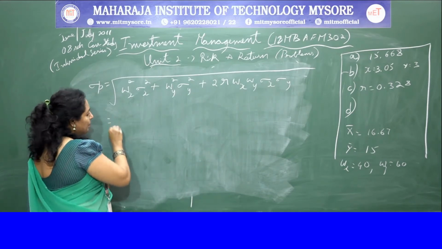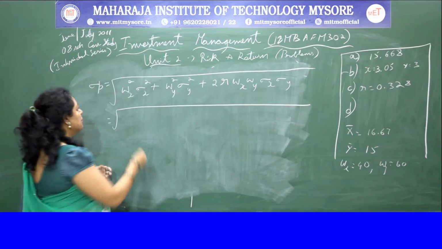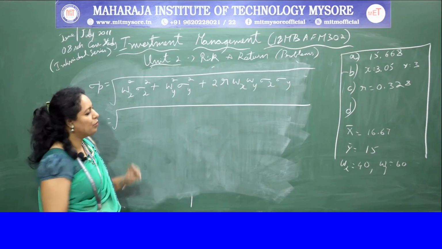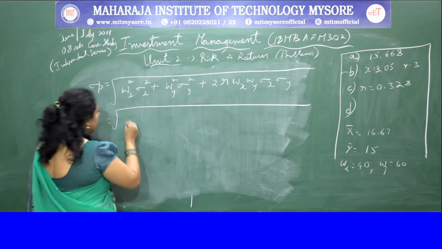Now, to simplify this, let's add the values to it. Weight X is 40%, we are going to convert it to 0.4.